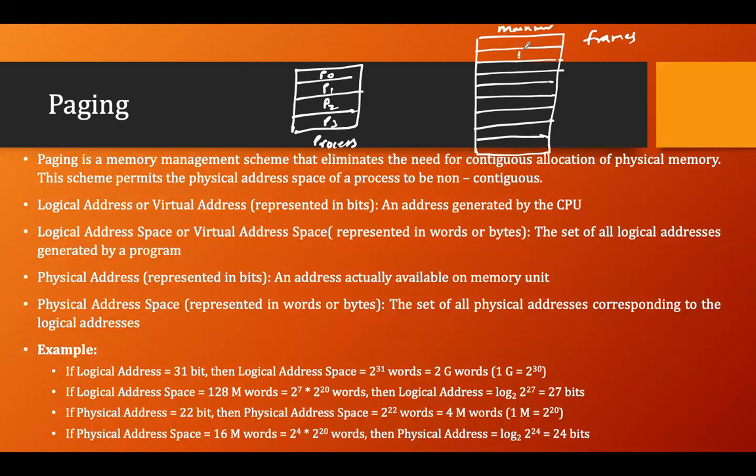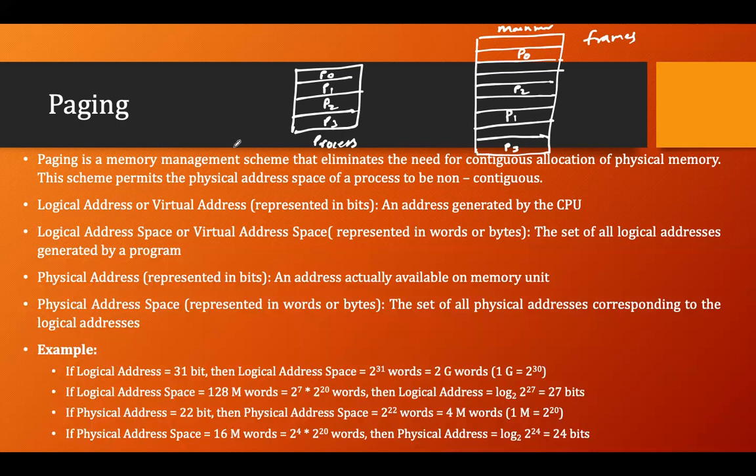Let's say page 0 will be accommodated here, page 2 here, page 1 here, and page 3 here, if these are the free spaces. This is how the non-contiguous allocation will be done into the physical memory, or the main memory, right?